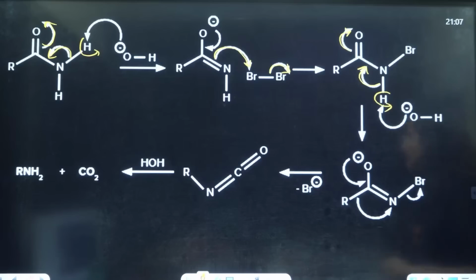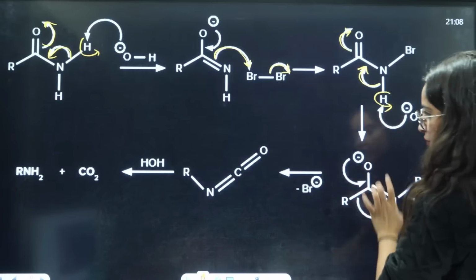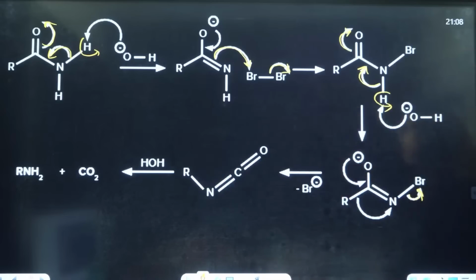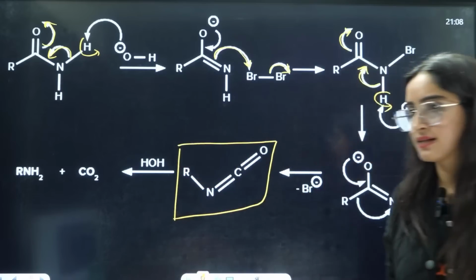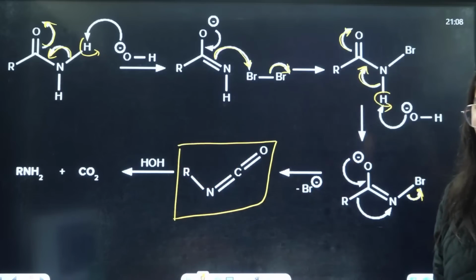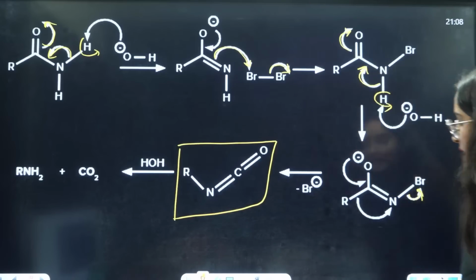Now let us see how we have RNH2 formation. Now bromine will be eliminated. This step is very important, and this compound is very important. Isocyanate is formed, not cyanide, isocyanate is formed, right?